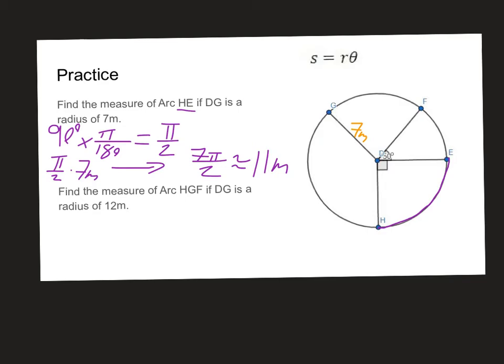All right, second problem. We want to find the measure of arc HGF if DG is a radius of 12 meters. 12 meters, and we're trying to work with HGF.